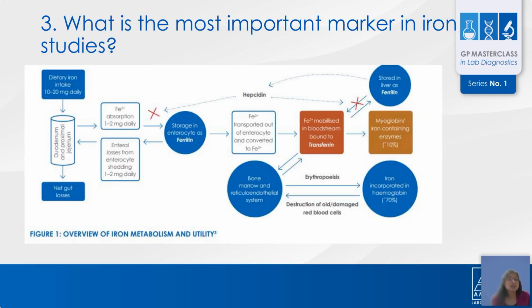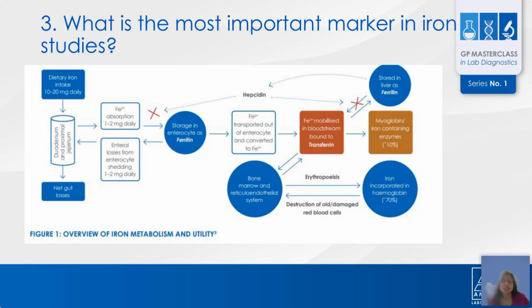I'm excited to say that at AMPATH, we have increased our ferritin cutoff from 15 grams per liter to 30 grams per liter. And this has been shown in studies to pick up 67% more of absolute iron deficiency. And that is huge. And you might ask, why is iron deficiency so important and need treatment?